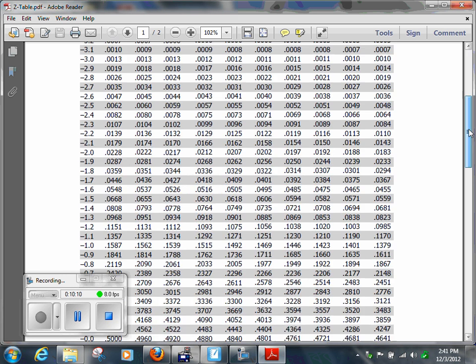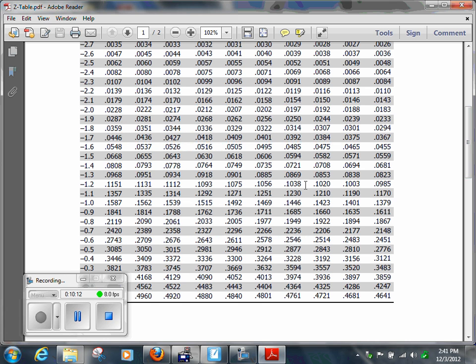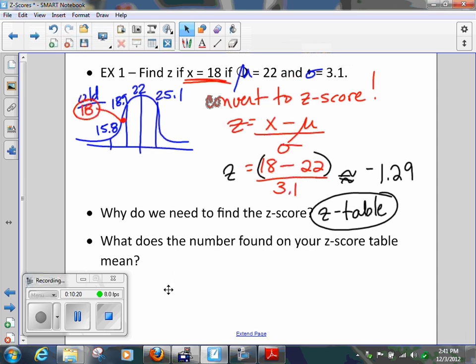So in the last column for negative 1.29, I go across here, and I find that the value is 0.0985. 0.0985, because I'm going to forget it before I walk back up here. You use your table.